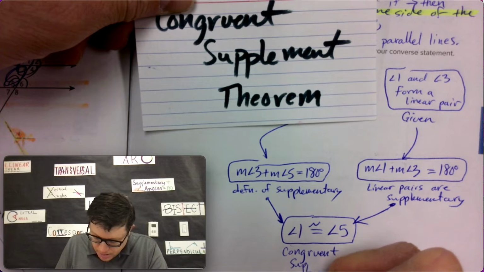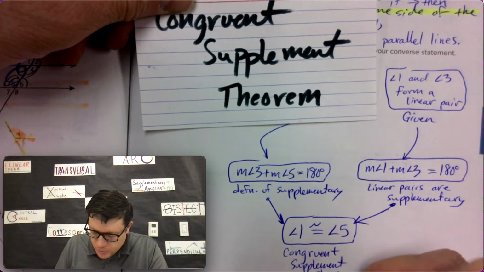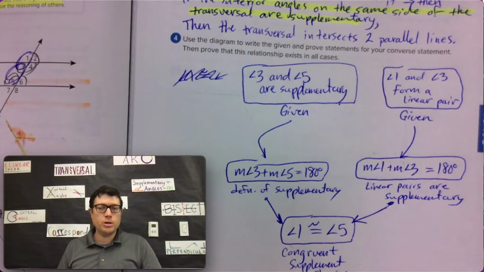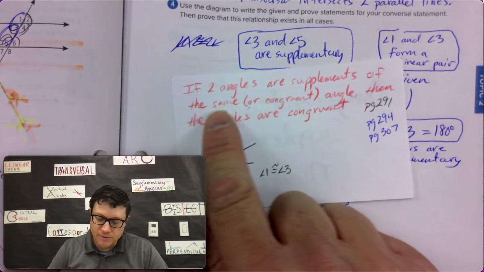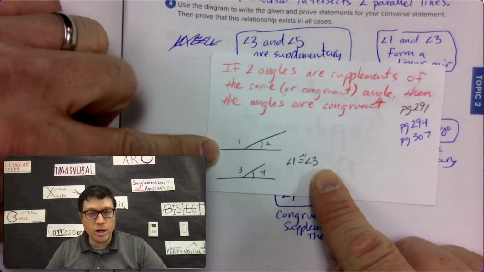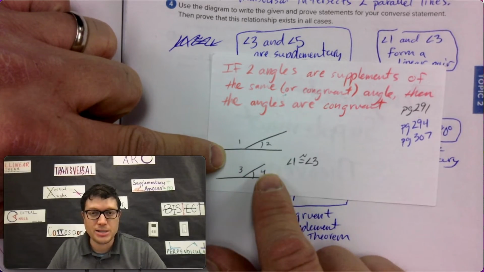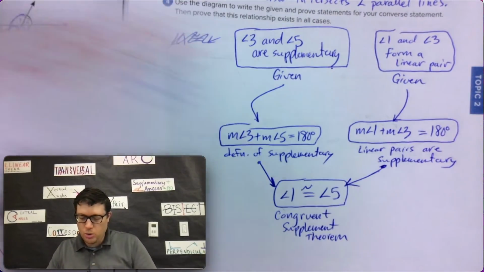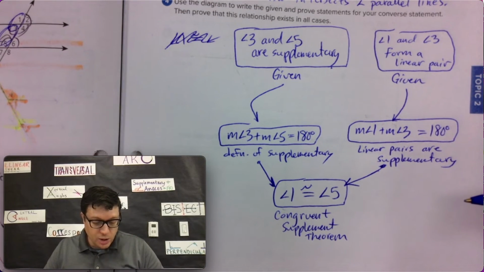This is where the shortcut comes in, right? We've already proven, or you should go back and watch that video, that if two angles are supplements of the same or congruent angle, then the angles are congruent, meaning angle 1 and angle 3 are congruent because they are supplementary to an angle that's the same size, like 2 and 4. So they must also be equal. But there's a whole lot of process that goes in there.